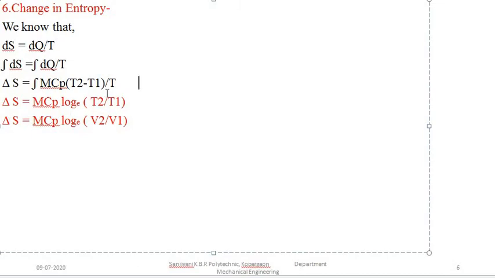Now we know that temperature and volume ratios, because of the direct proportionality, T2 upon T1 is equal to V2 upon V1. Therefore we can write this equation in terms of volume ratio, that is total change in entropy, delta S is equal to mCp log to the base e of V2 upon V1.